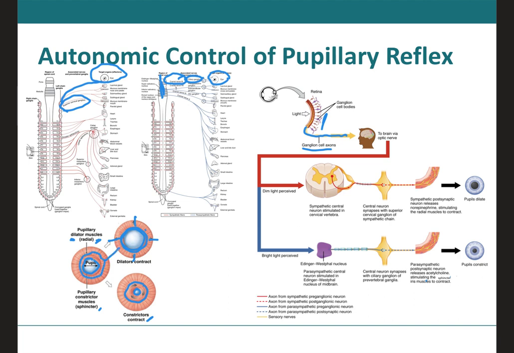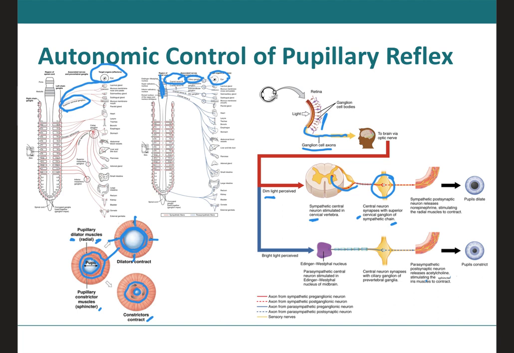So basically what I want you to know is that if you have a dim light that's perceived, it will activate your sympathetic neuron at the level of the cervical vertebrae. That will then go to the ganglion that's located in the cervical region, so the cervical ganglion of the sympathetic chain.